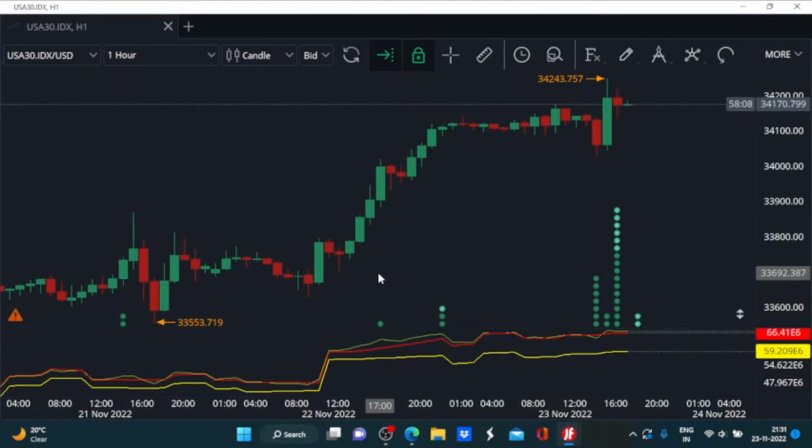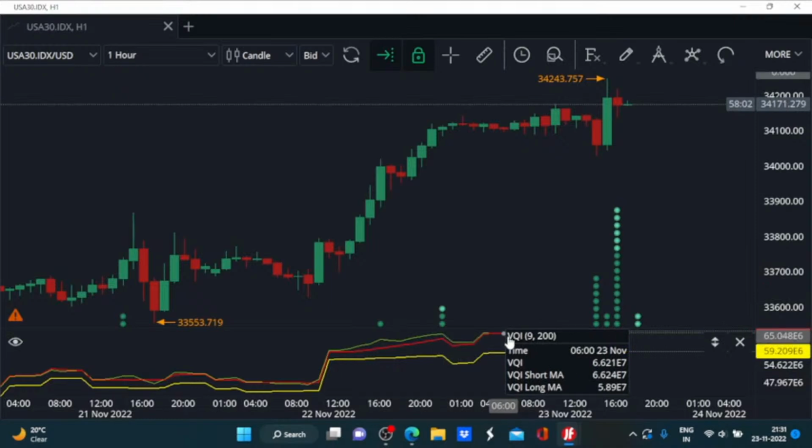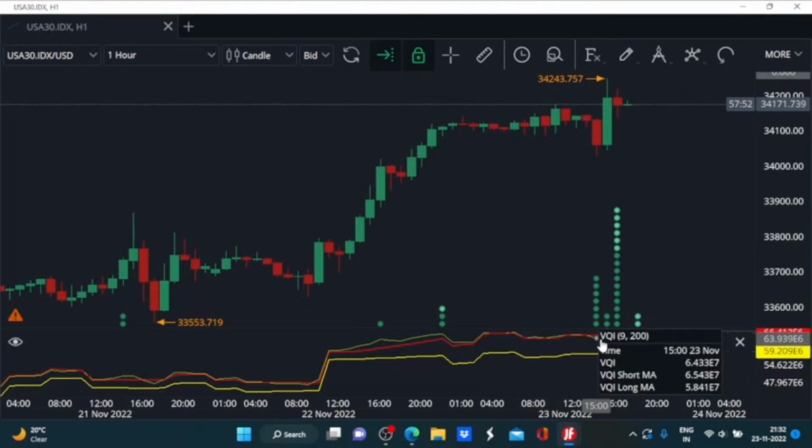If the volatility is on the rise, and the 9 VQI crosses above the 200 VQI, that can be considered indicative of a fresh initiation of volatility, as it happened in today's session also.